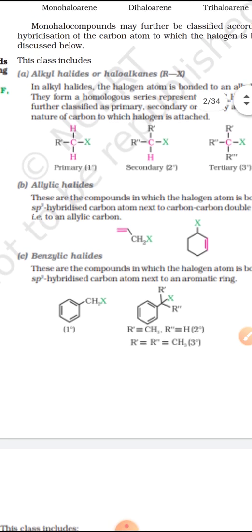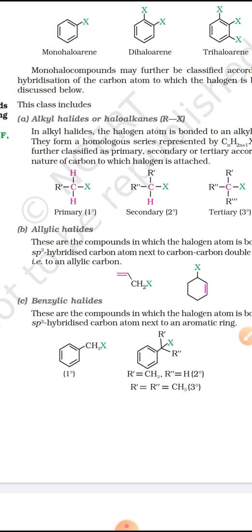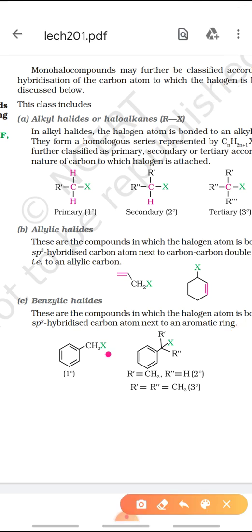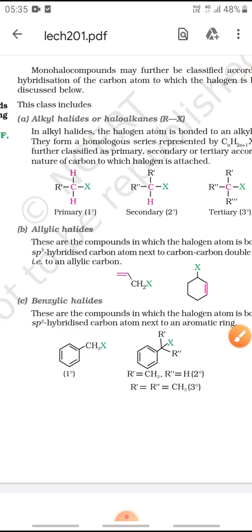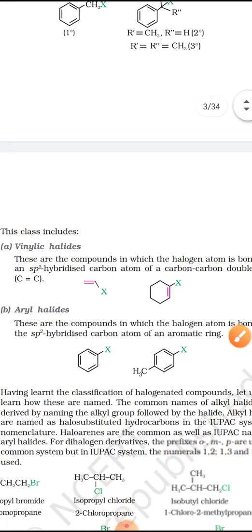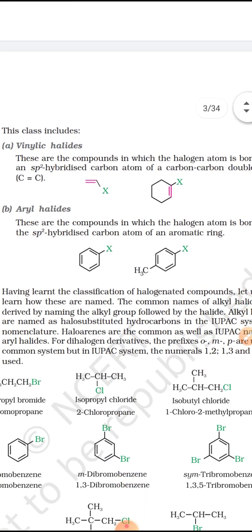Next is benzylic halides. Benzylic halides means the carbon containing the halogen is further attached to that carbon which is connected to the benzene ring. Such halides are called benzylic halides. Children, we are studying this classification, but in the present year syllabus of CBSE, this classification is not included.